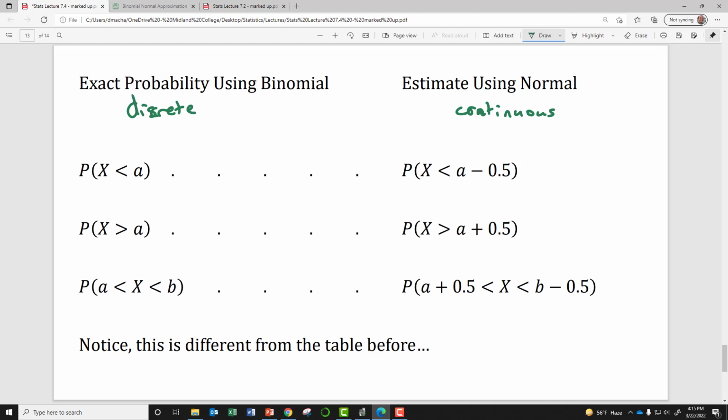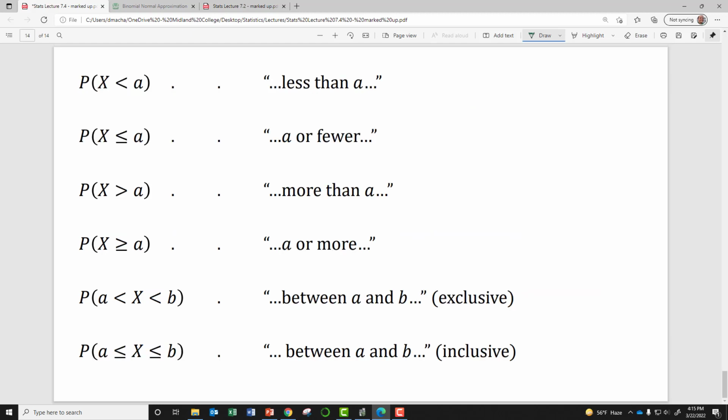I notice that this is, again, different from the previous tables. And the last thing, I know I've said many last things at this point, but if your word problem says less than a, or like less than 5, then you're going to interpret this as the probability that x is less than 5 or less than a.